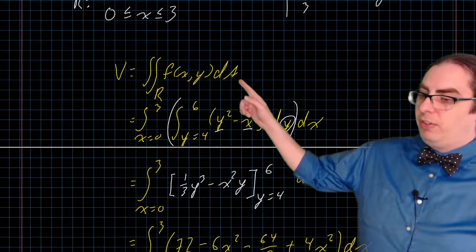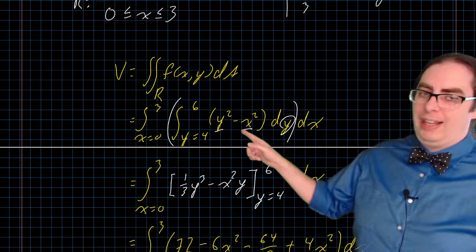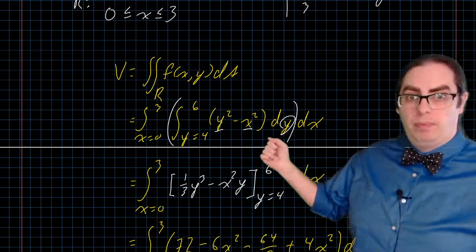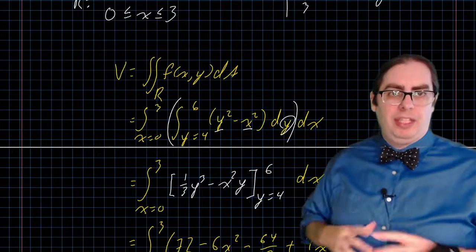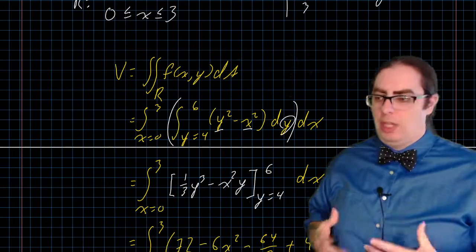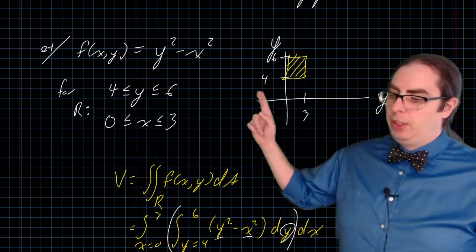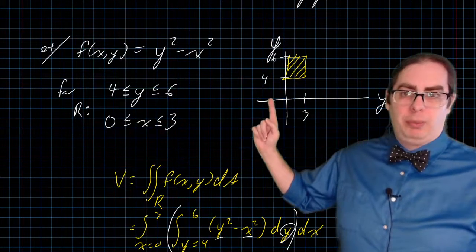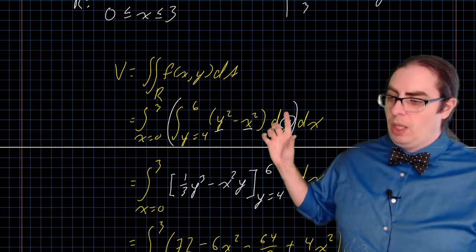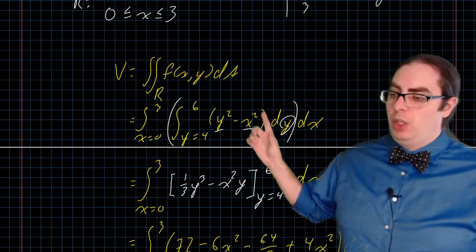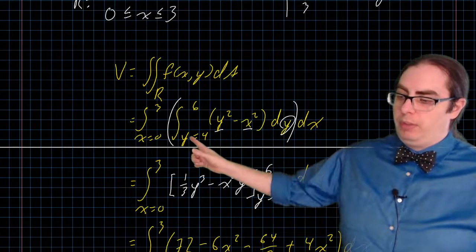This very first step, going from this line to that line, that's new. That's a little bit confusing when you have to think about things in several dimensions. And that's why drawing the picture can be so very valuable, although these first couple of examples are not too bad. Once we have that picture, we can use that to set up our limits of integration.